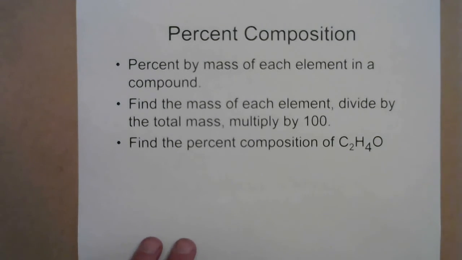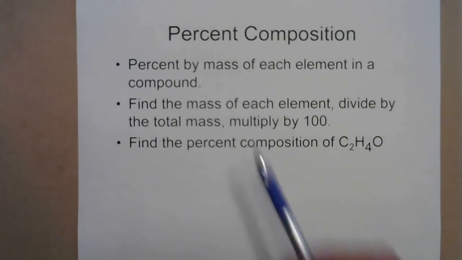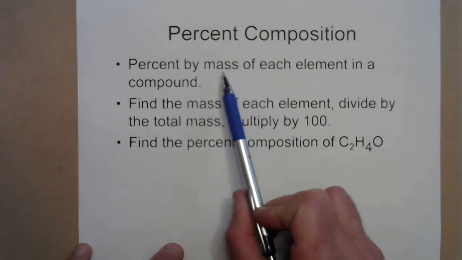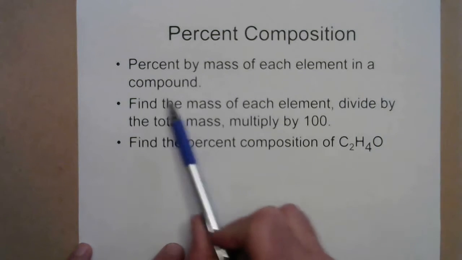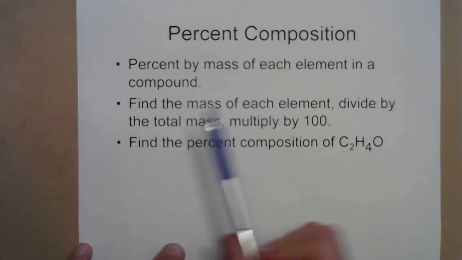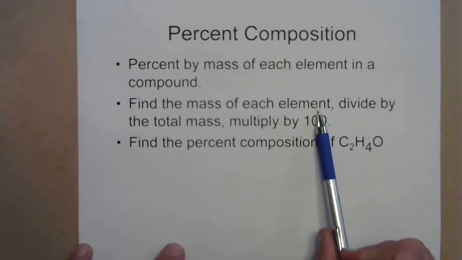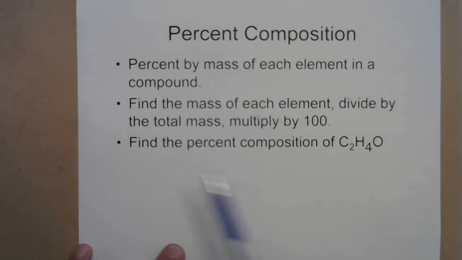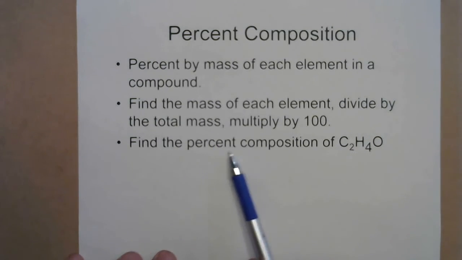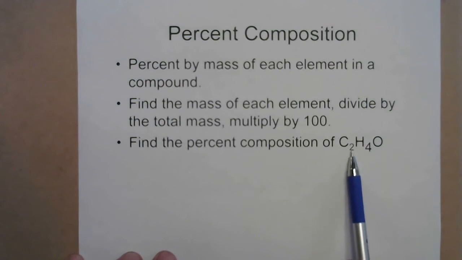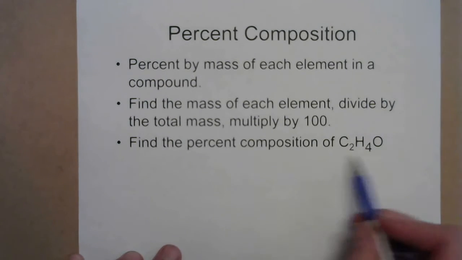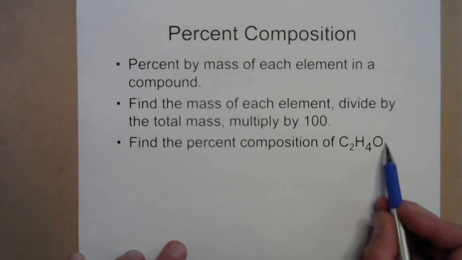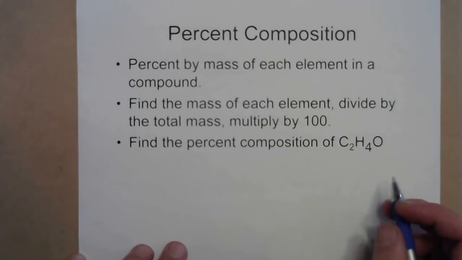The other thing in this section is percent composition. So percent composition is the percent by mass of each element in a compound. So how do you do this? You find the mass of each element and divide it by the total mass, then multiply by 100. So if we wanted to find the percent composition of each element in C2H4O, first thing I would do is add up the mass of this entire compound.